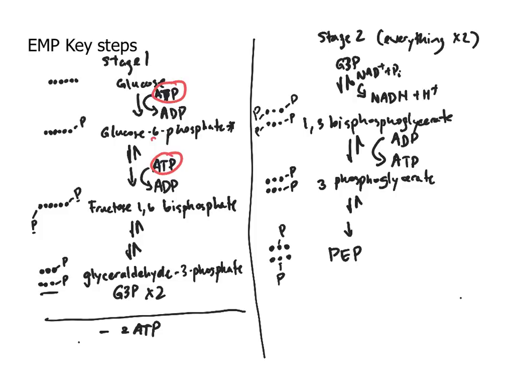And then finally, you get to pyruvate. Your phosphates are gone, but now you have pyruvate.